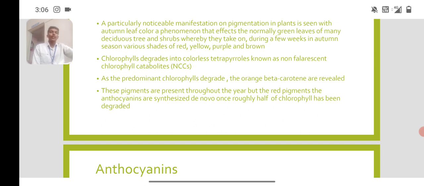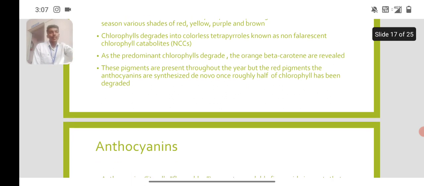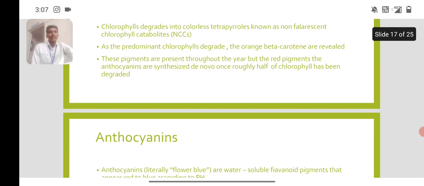Chlorophyll degrades into colorless tetrapyrroles known as non-fluorescent chlorophyll catabolites. As the predominant chlorophyll degrades, the orange beta-carotene is revealed. These pigments are present throughout the year, but red pigment and anthocyanin synthesis start once roughly half the chlorophyll has been degraded.